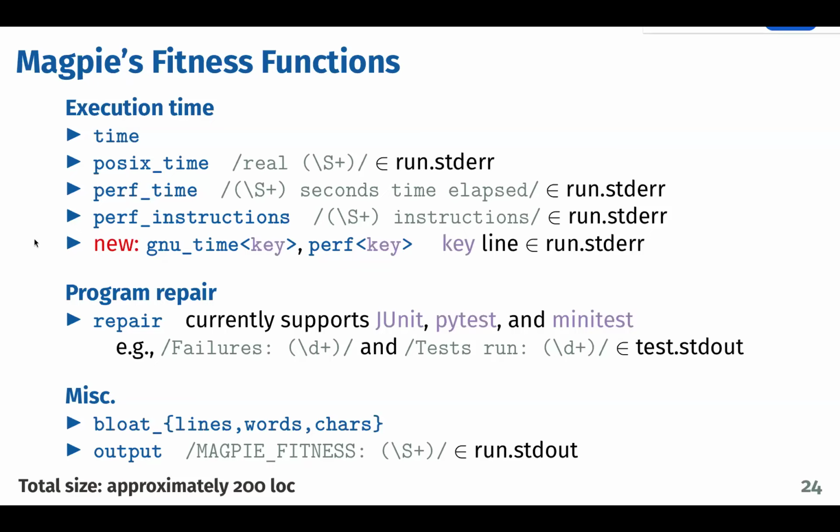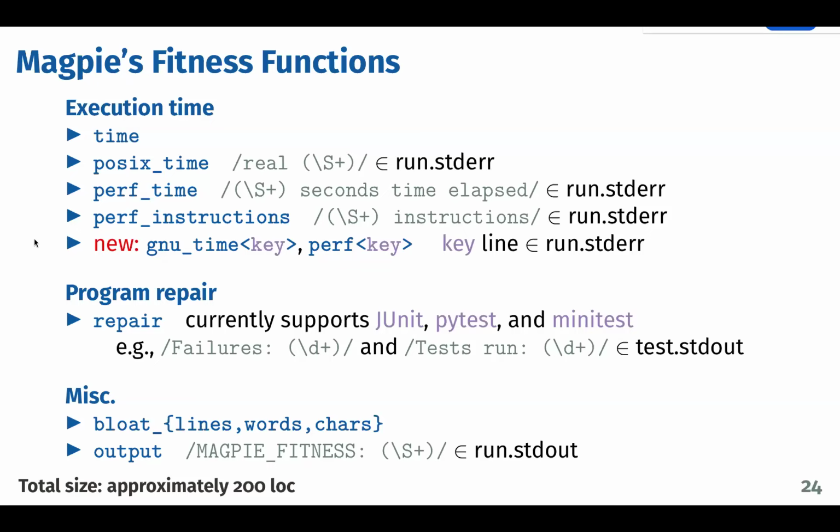And it will look at that and take the value that is after the word real in standard output or standard error. And perf time does the same, but perf is way more precise. I think POSIX time is to the hundredth of a second, so you can have 0.01 second, but not more.